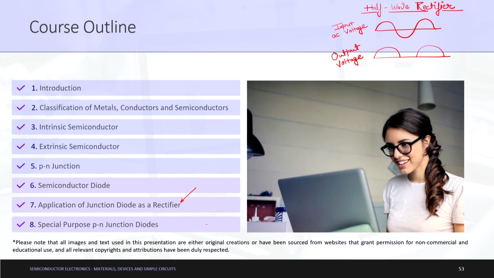Similarly, we were on the introductory part of understanding another concept, that is the full wave rectifier. So, in the full wave rectifier what is happening? Let us say this is again the input AC voltage being given.